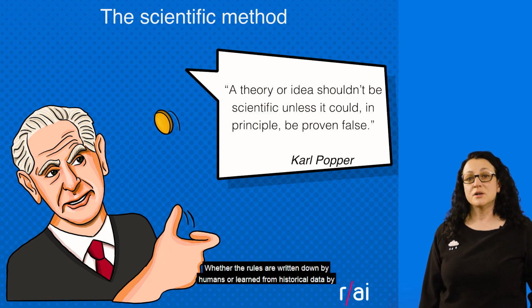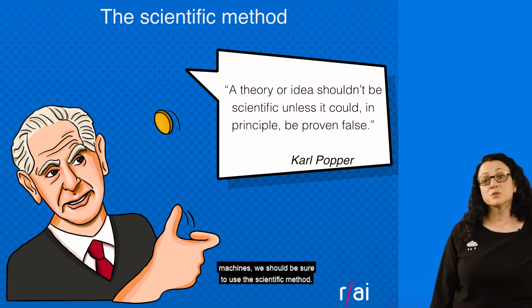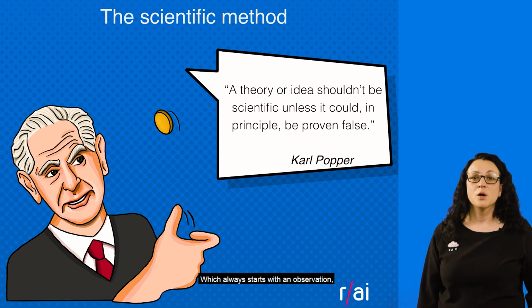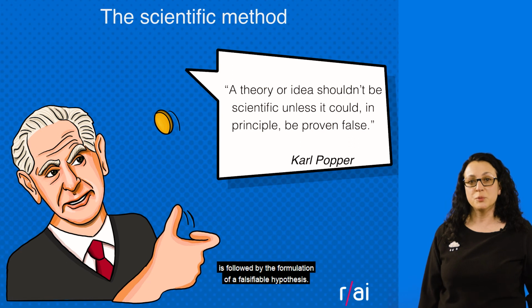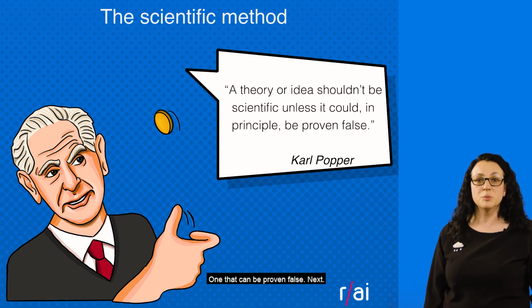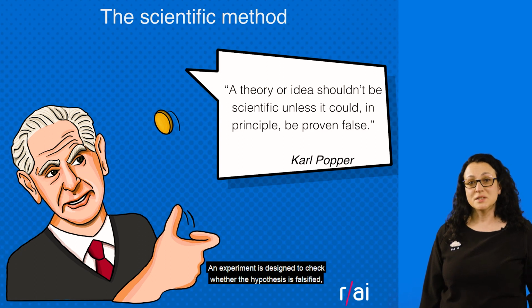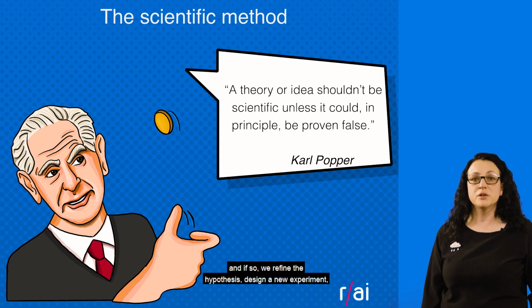Whether the rules are written down by humans or learned from historical data by machines, we should be sure to use the scientific method, which always starts with an observation, is followed by the formulation of a falsifiable hypothesis, one that can be proven false. Next, an experiment is designed to check whether the hypothesis is falsified, and if so, we refine the hypothesis, design a new experiment, rinse and repeat.